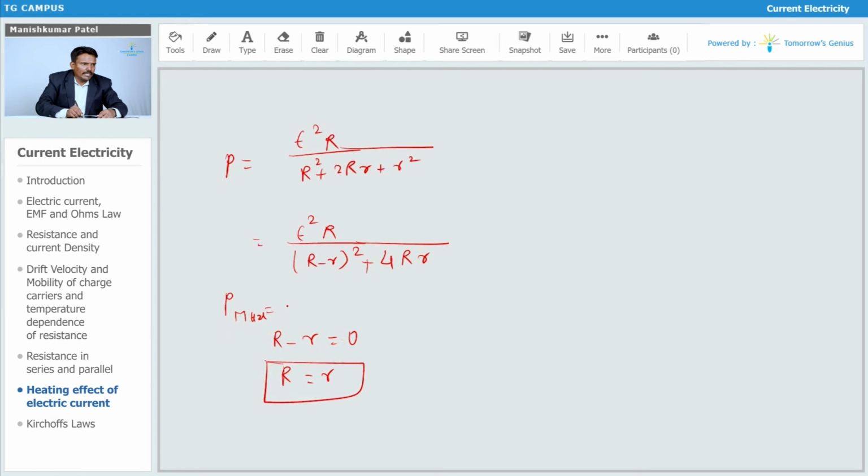So the condition for P max is that the internal resistance has to be the same as the external resistance. Under that condition you will get the maximum power.